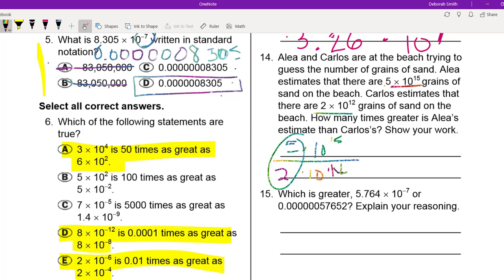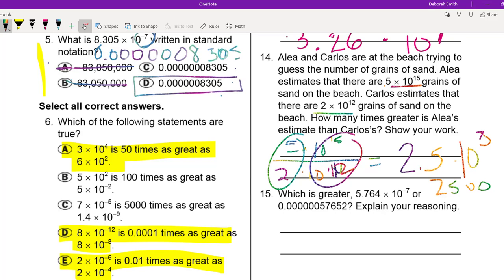So this part is equal to 2.5. This part, 10 to the 15th divided by 10 to the 12th, that's really hard to read there with that pen. So that is 10 to the 3rd. If this were a choose all situation, you would want to watch out also for 2500. That's equal to that.